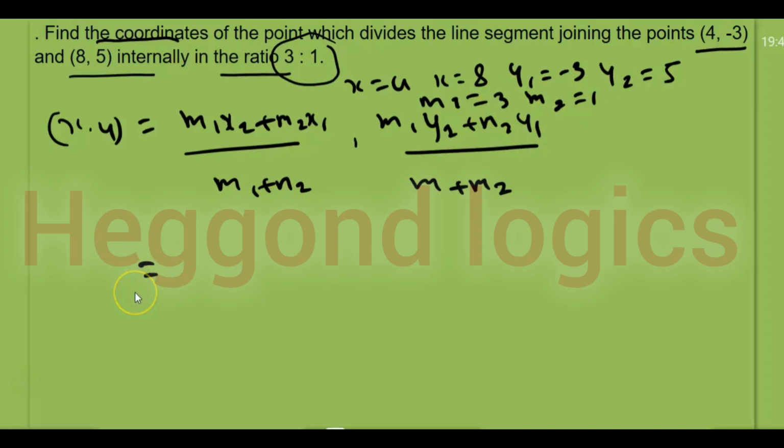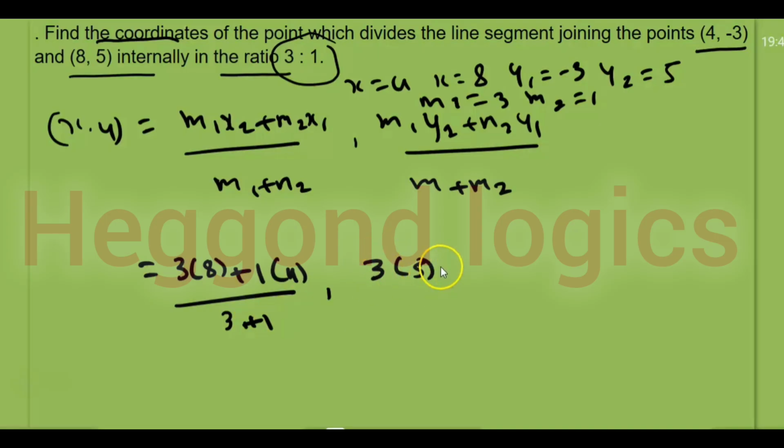Put the values of x1, x2, y1, y2 and m1, m2 in this formula. m1 is 3, that's why 3 into x2 is 8, plus m2 is 1 into x1 is 4, divided by 3 plus 1. And after that m1 again 3 into y2 is 5, plus m2 is 1 into y1 is minus 3, divided by 3 plus 1.